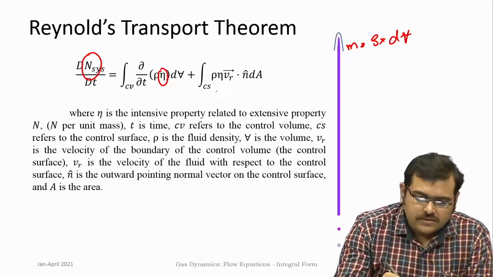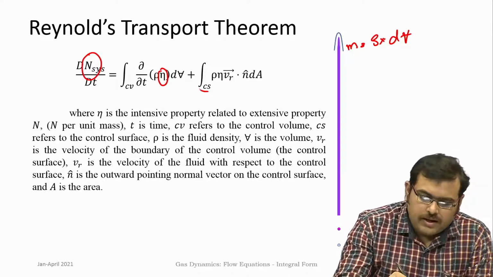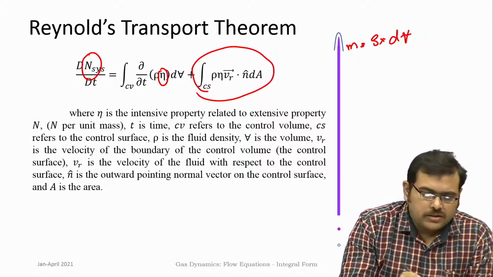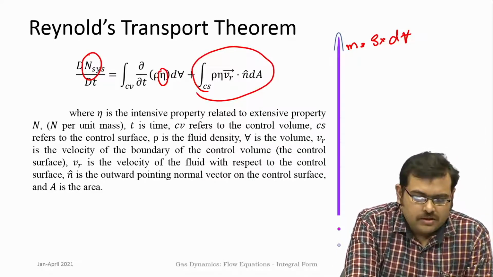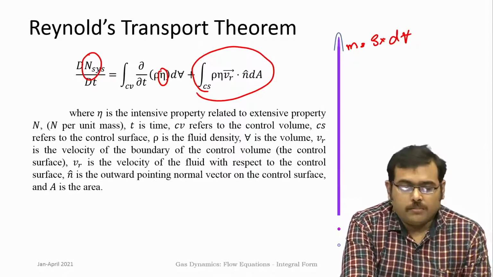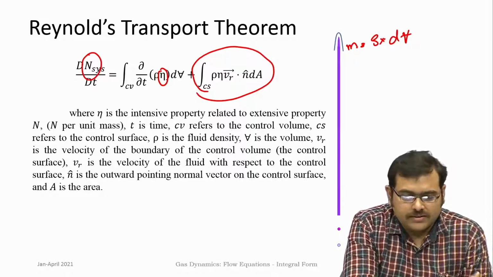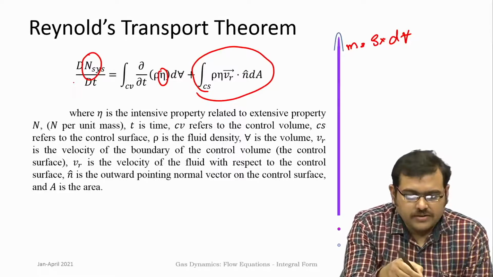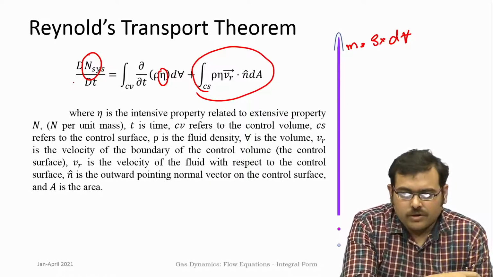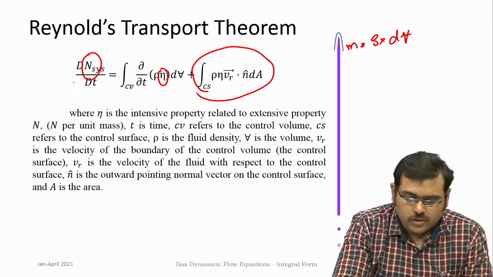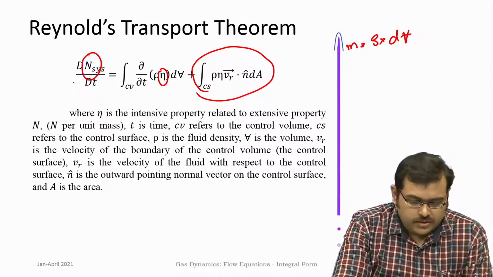That is the flux of the variable, and that part is coming over here. So the total change of the system, or what is known as the material derivative, or looking at the system by following the particle or the system along its motion, is related to two quantities: the change within the control volume and the fluxes which come into and go out of the control volume.